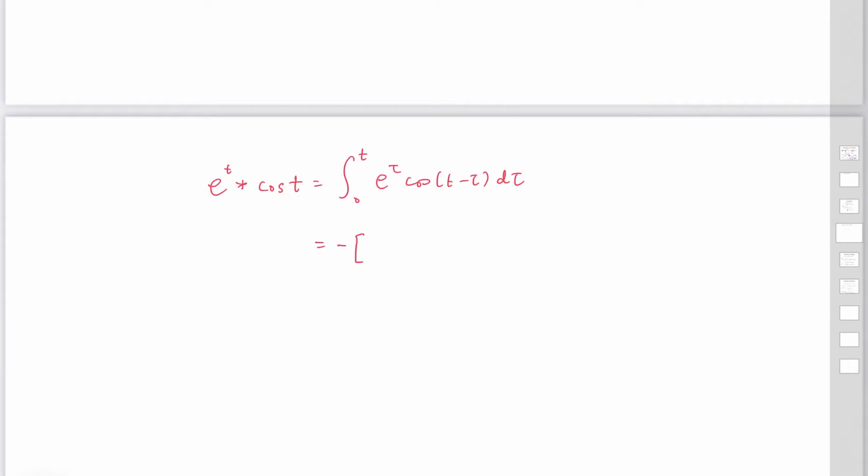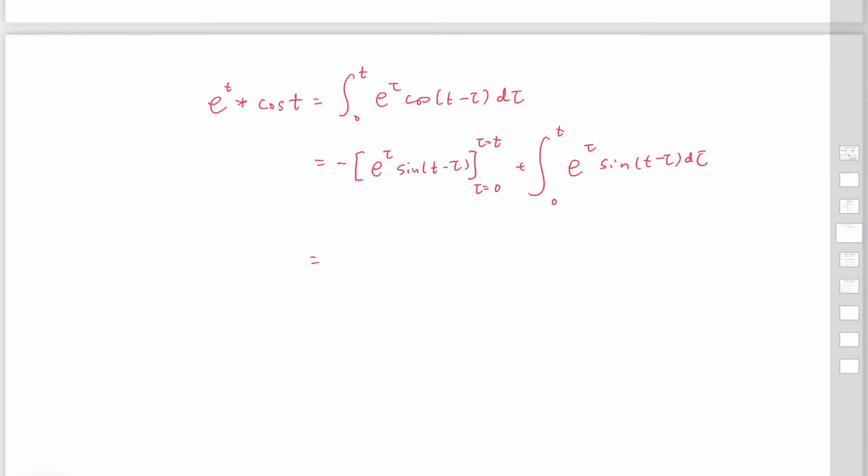It becomes exponential tau sine(t minus tau), with tau changing from 0 to t, plus the integral from 0 to t of exponential tau sine(t minus tau) d tau.